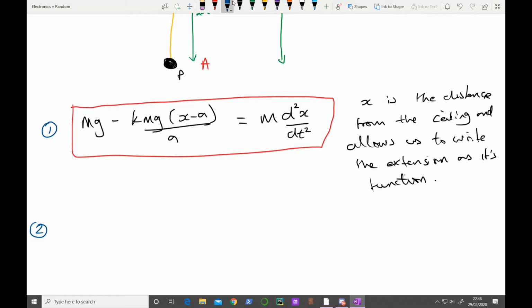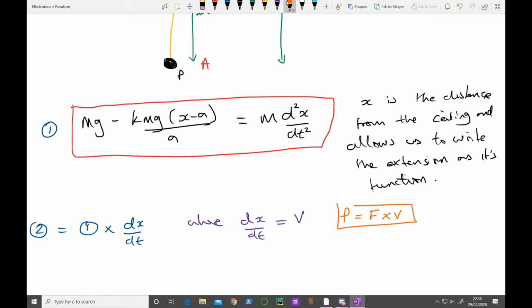and then equation 2 is simply going to be equation 1 multiplied by dx over dt, where dx over dt, the first derivative of displacement, equals v. Now you need to remember that we have force here. In mechanics or physics, power equals force times velocity. It's very important that we keep that at the back of our minds.